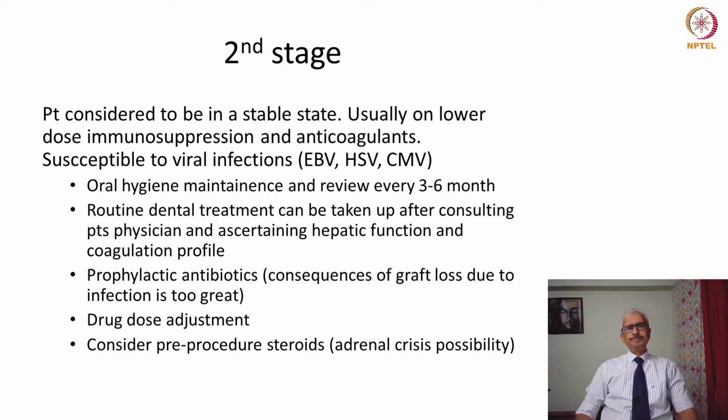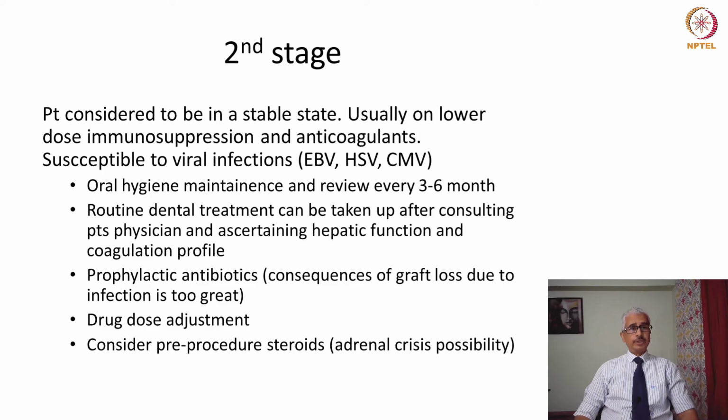When compared to that, if the patient presents in the second stage, here the patient is considered to be in a stable state. Now the patient is on a lower dose of immunosuppressants and anticoagulants. However, these patients are susceptible to viral infections like Epstein-Barr virus, herpes simplex virus and cytomegalovirus.